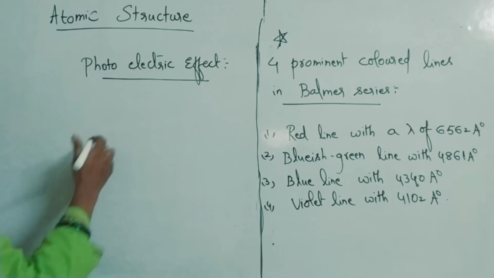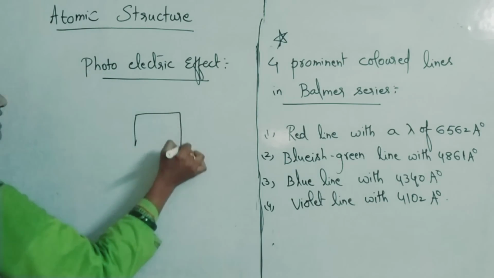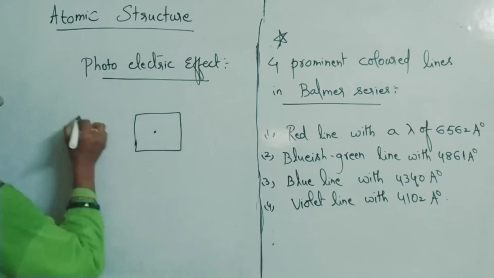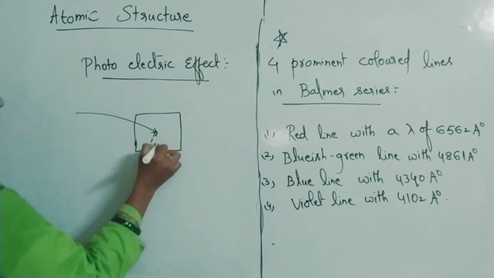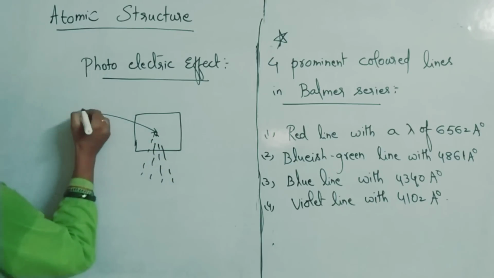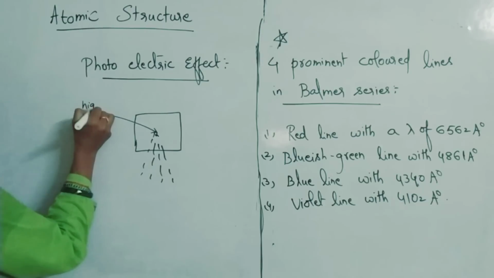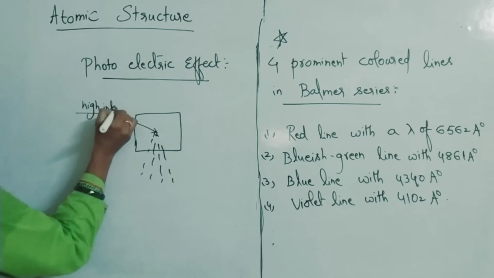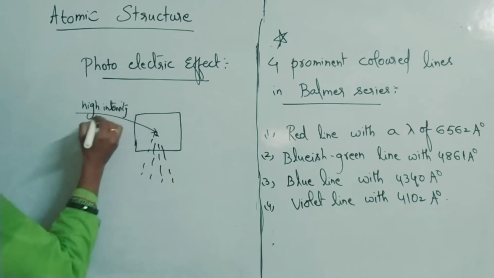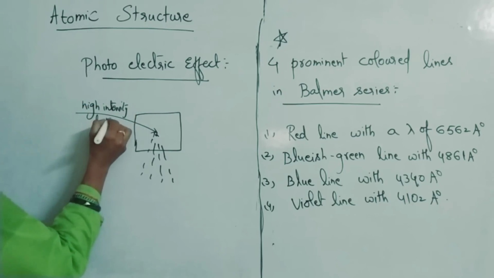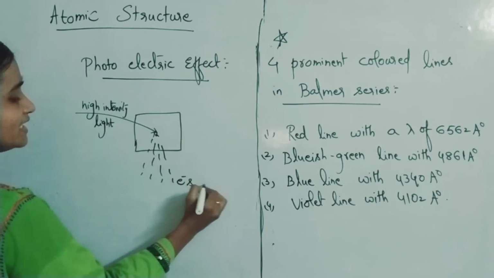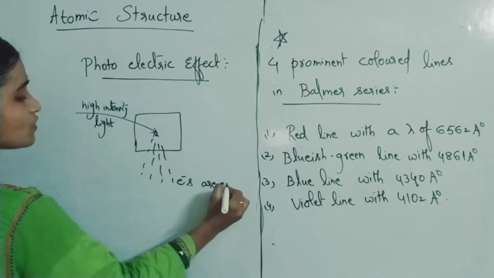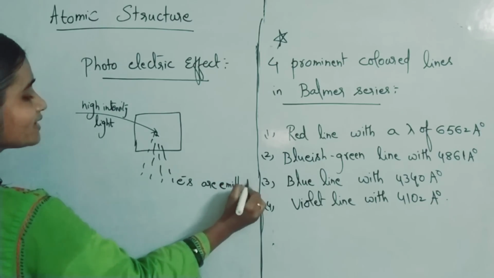Photoelectric effect. When high intensity light is made to pass through a metal plate, electrons are emitted. This phenomenon is called the photoelectric effect.